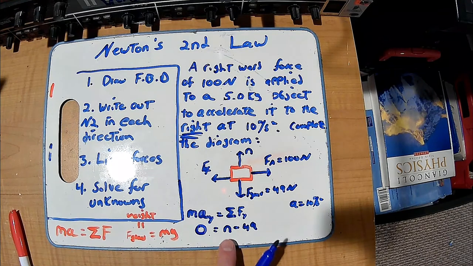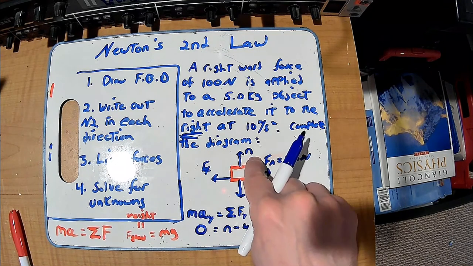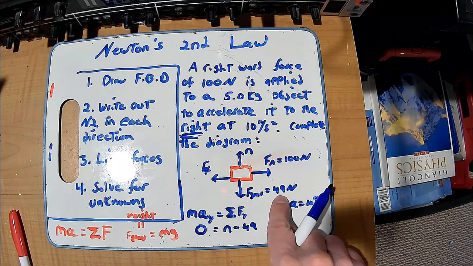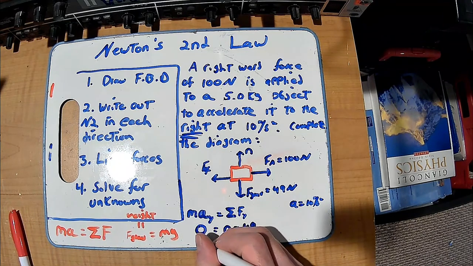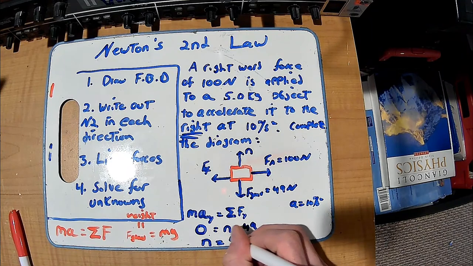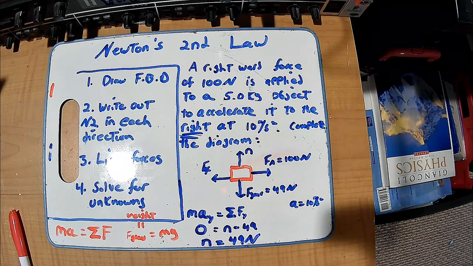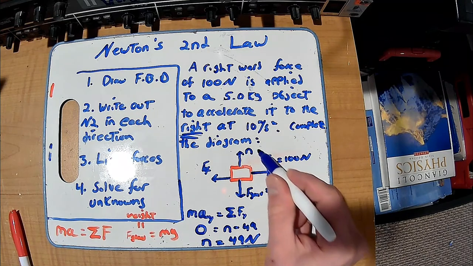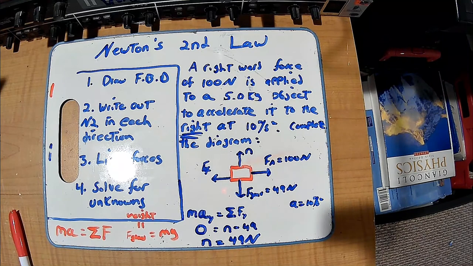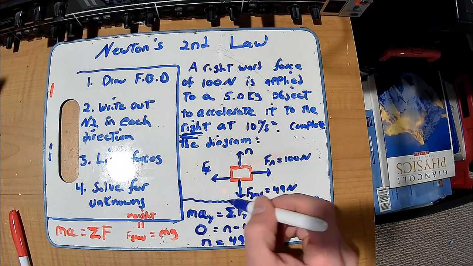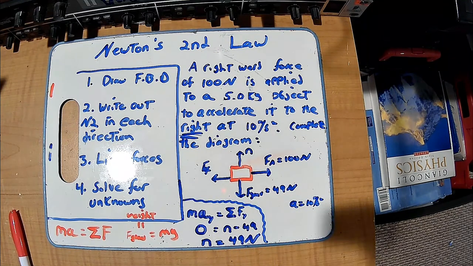So if we do N, that's the normal force, minus 49 newtons, we have to get 0. So what does that tell me? That tells me the normal force must also be 49 newtons. And if you think about it, that makes almost obvious sense, right? These two forces have to balance out if it's not accelerating up or down. All right? So we could take a look at what I did there in the y direction.